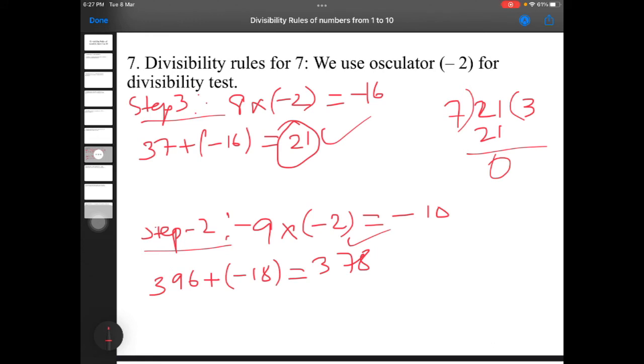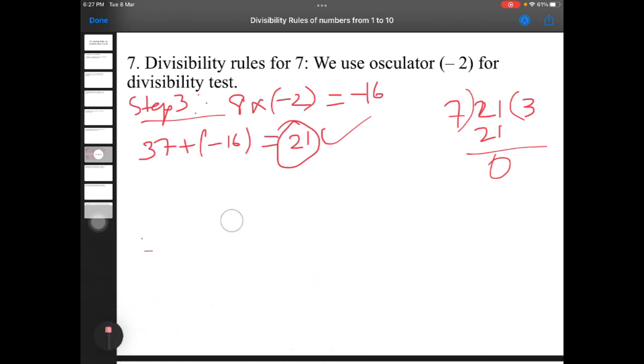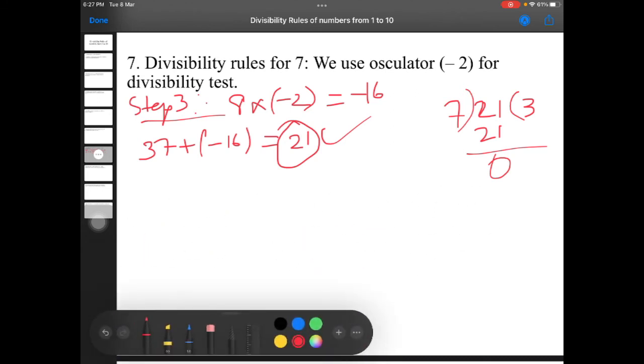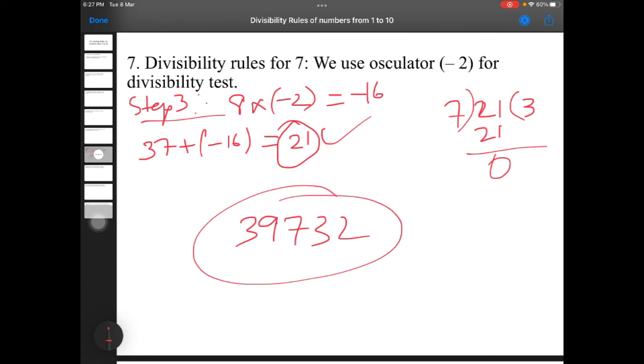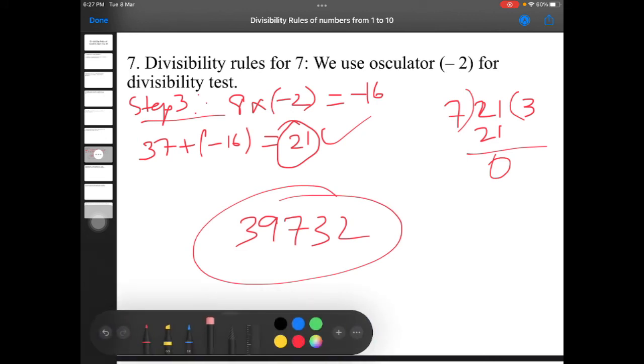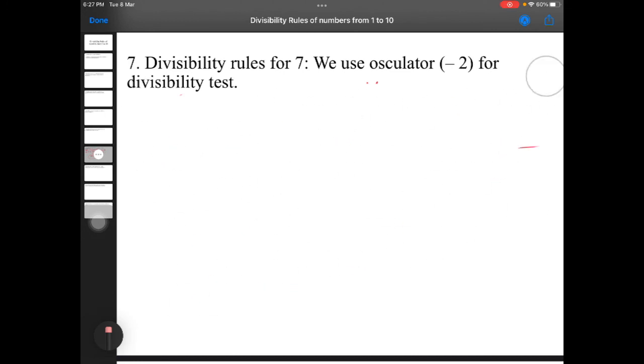That means the number we took as an example, 39732, is divisible by 7. So let's see if we can divide it by 7 to prove this rule.